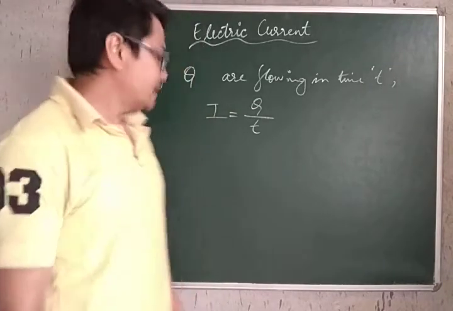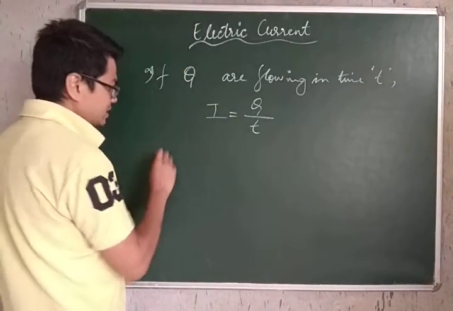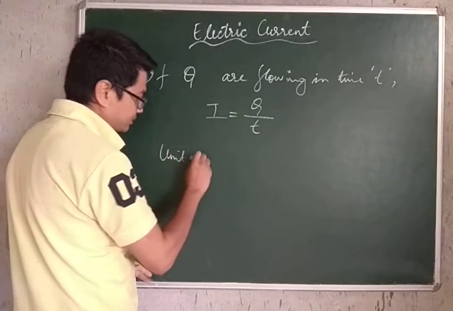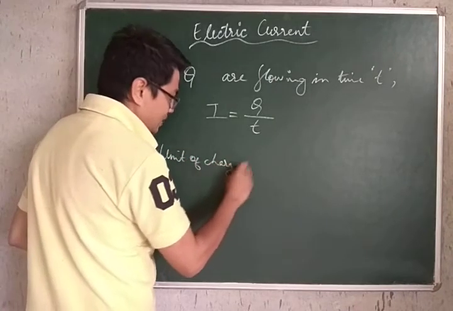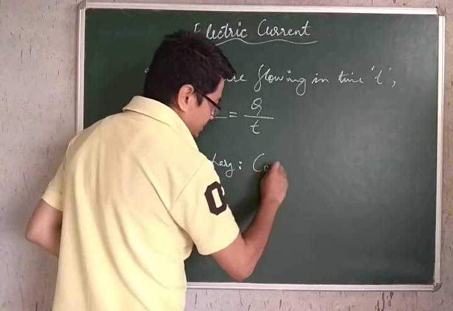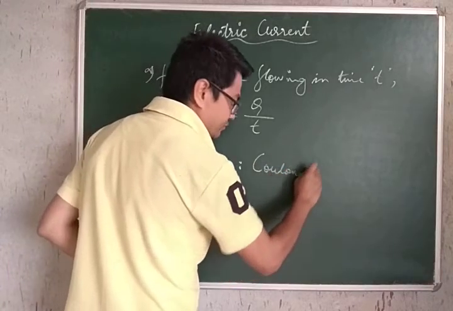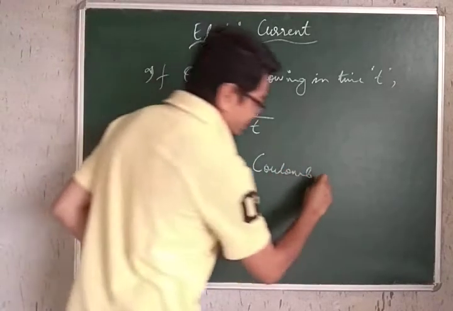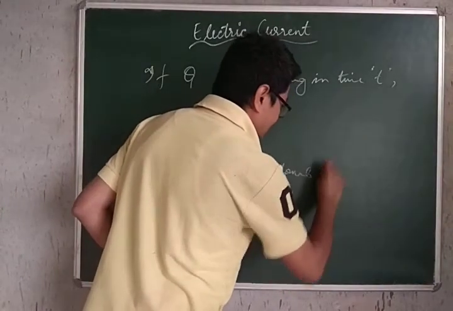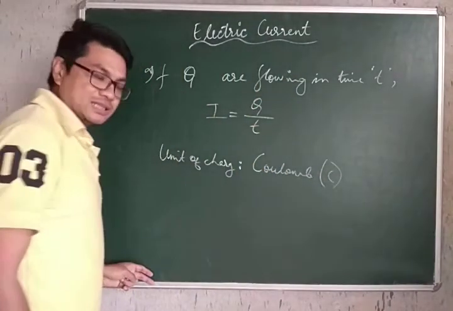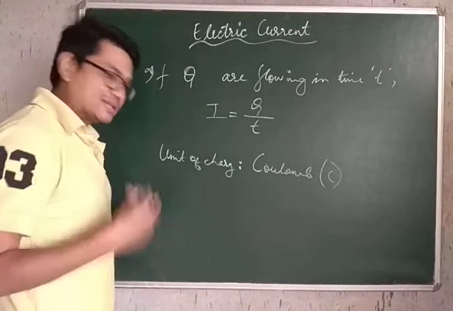Do you remember that? Now, the unit of charge is the coulomb, C-O-U-L-O-M-B, from the name of a person, of course. You've discussed this in class 9 itself. It is denoted by a capital C. The unit of time is second.